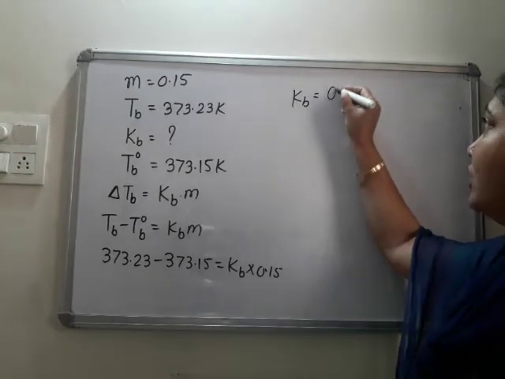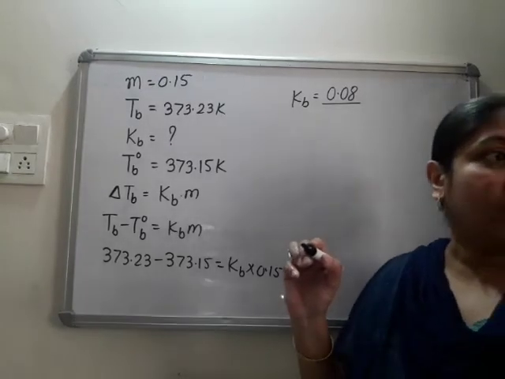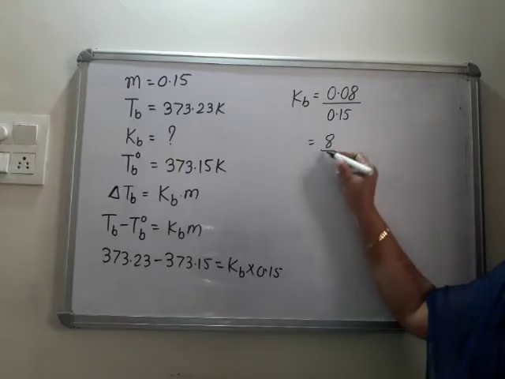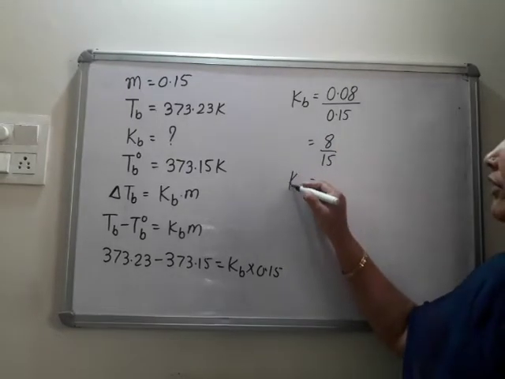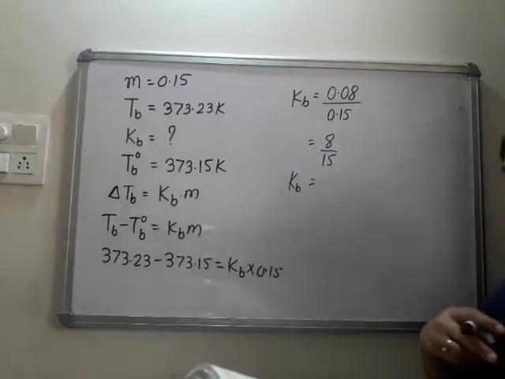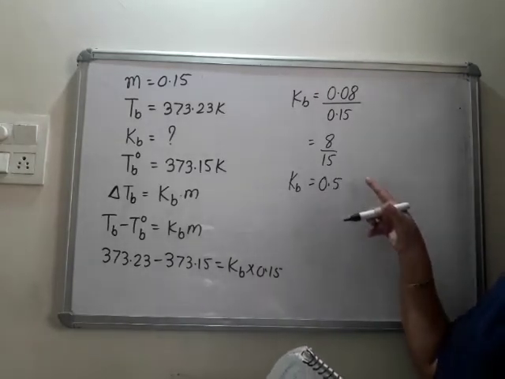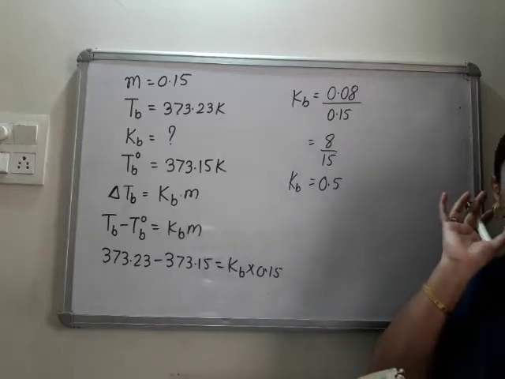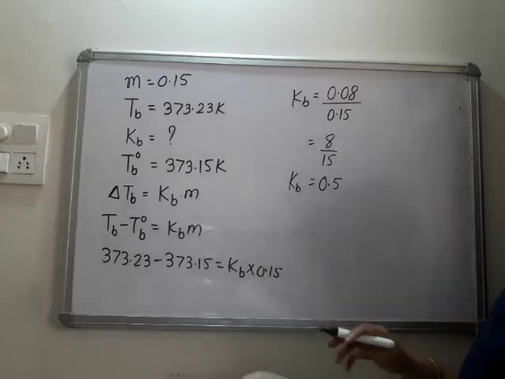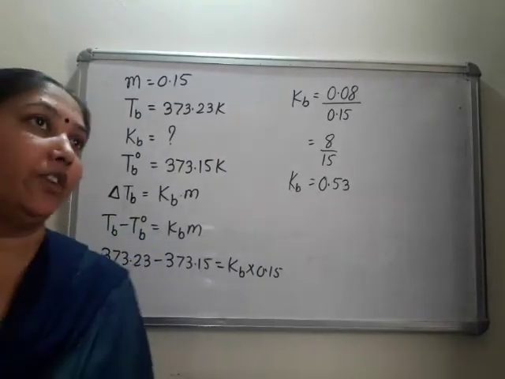So this is equal to 0.08, na? 0.08 upon 0.15. So it is 8 upon 15. Calculate this, divided by 15. So what is the value of Kb? 0.53, isn't it? So Kb value is 0.53.